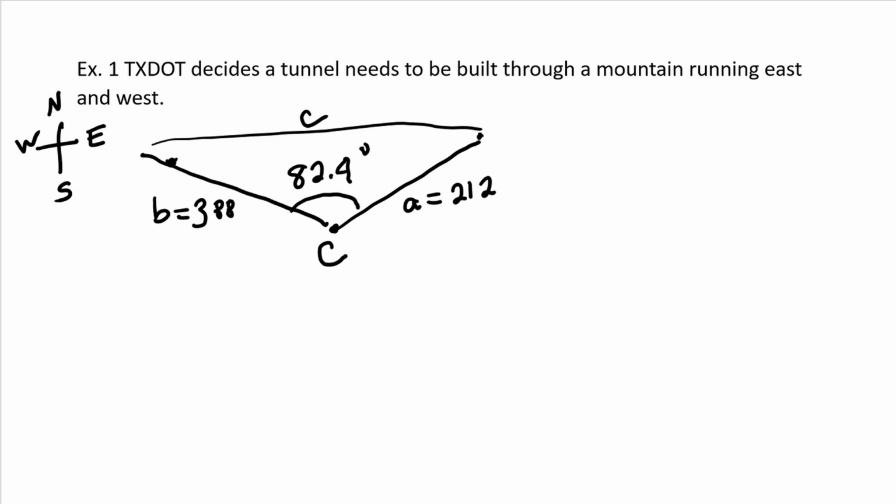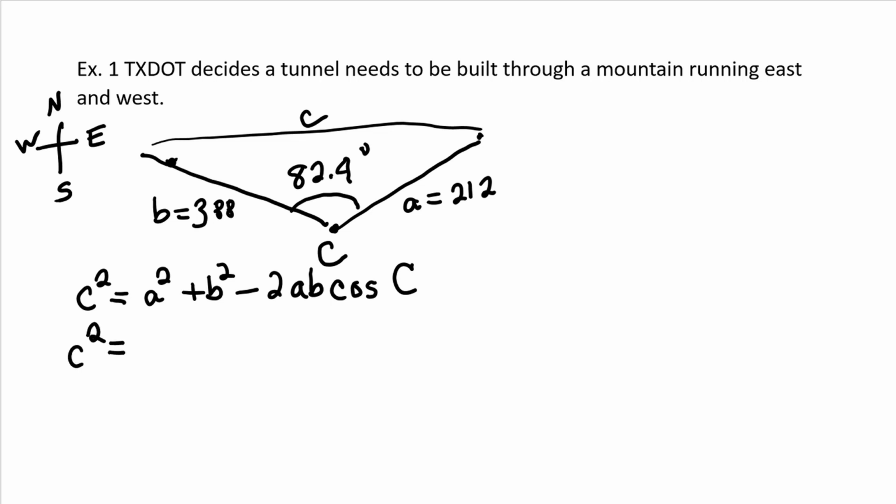We get to use the law of cosines to solve this problem. We'll use little c squared is equal to little a squared plus little b squared minus 2 times the product of a times b times the cosine, the measurement of angle C. So let's put some numbers in.